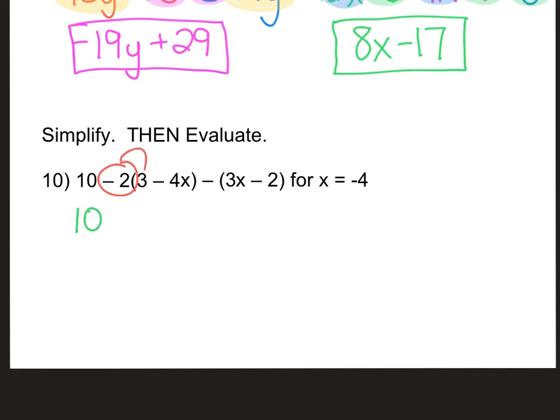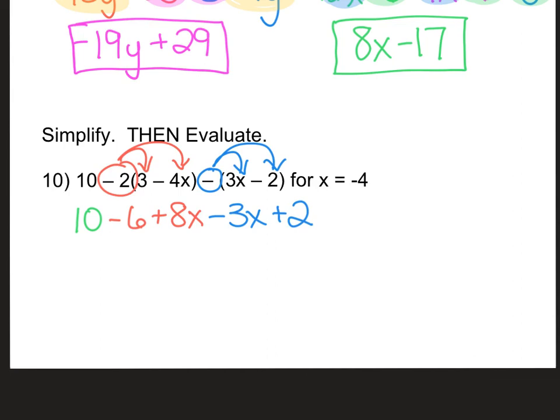I'm going to distribute that 2 to everything behind it. So negative 6, and then don't forget a negative times a negative is going to make that a positive 8x. This negative, or negative 1, distributes to everything behind it. For negative 3x, again, negative times a negative makes a positive 2.